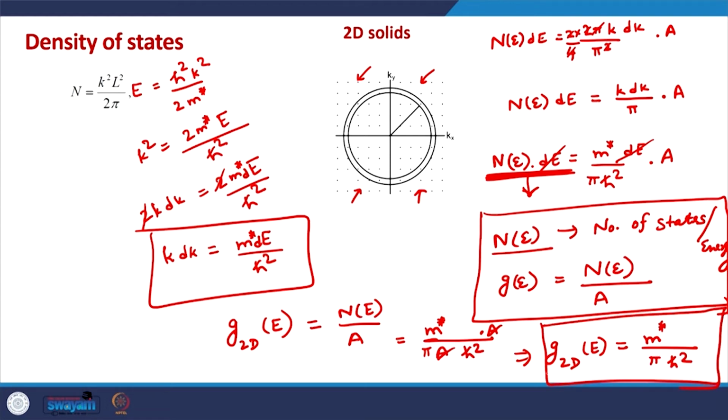So, this is the expression for the density of states in a 2D solid as a function of energy. As you might have already guessed, on the right hand side everything is a constant essentially.